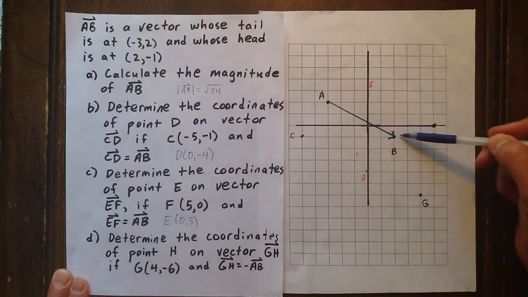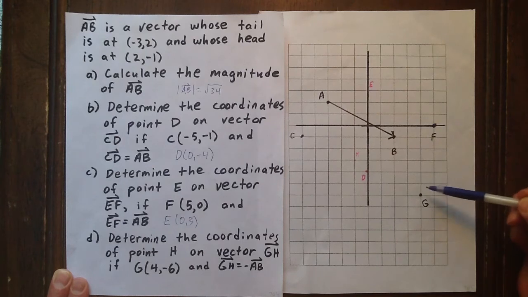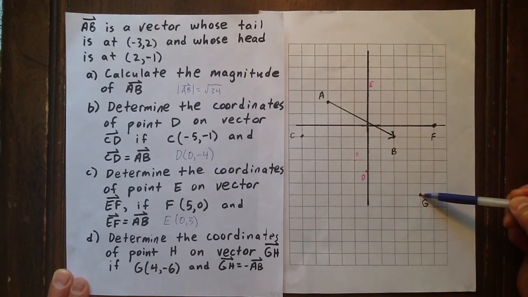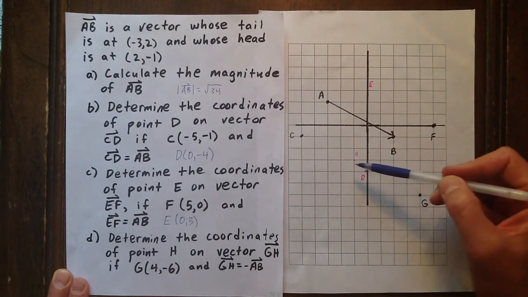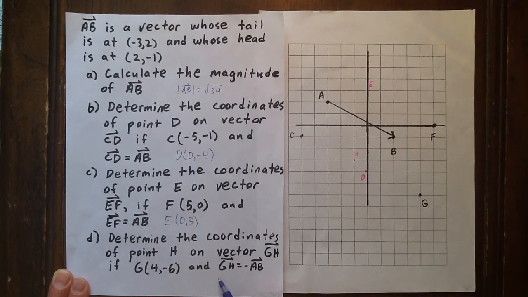So if AB represents down 3 and right 5, then -AB is going to represent up 3 and left 5. So traveling from the point 4, -6, up 3 and left 5 gets us to point H, which is at -1, -3.